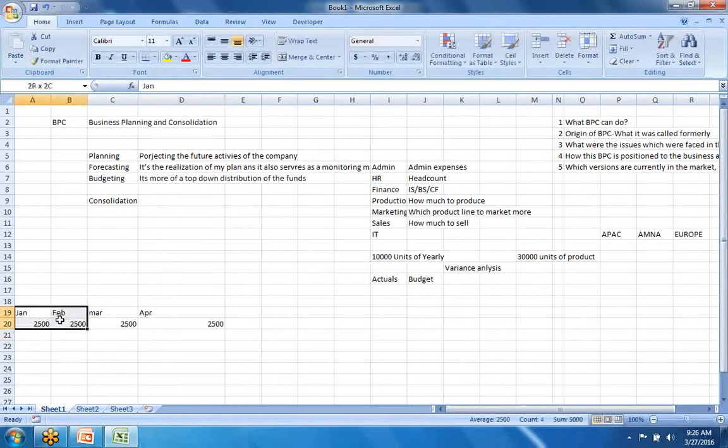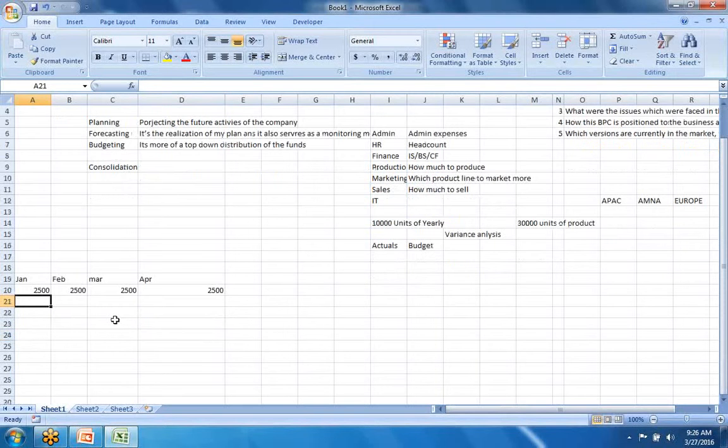Now supposing I am in the month of Jan currently, and due to some governmental legislation, I see that my sales may get hampered or may get increased in the month of March and April, or going forward in all the months. Then, while doing a forecast, I start adjusting my plan based on the forecast.